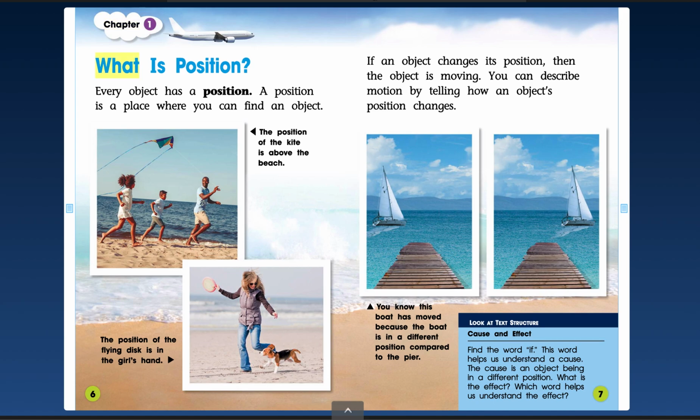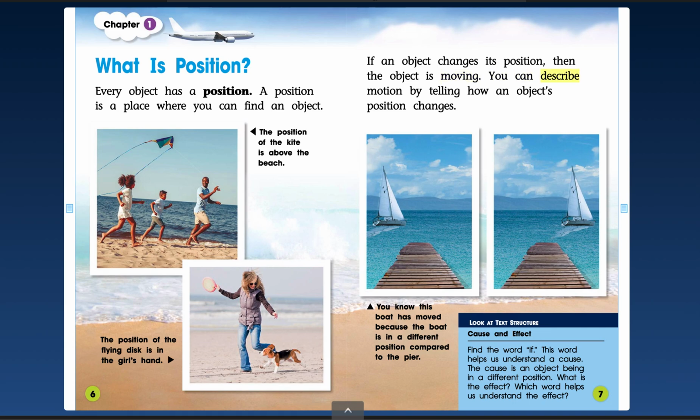Chapter 1. What is position? Every object has a position. A position is a place where you can find an object. If an object changes its position, then the object is moving.